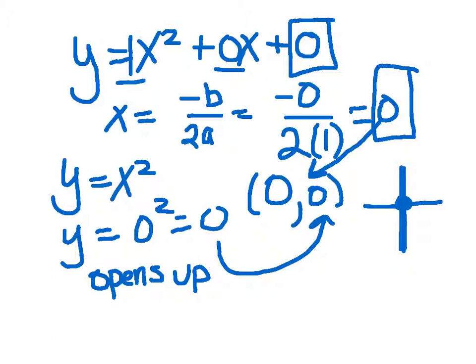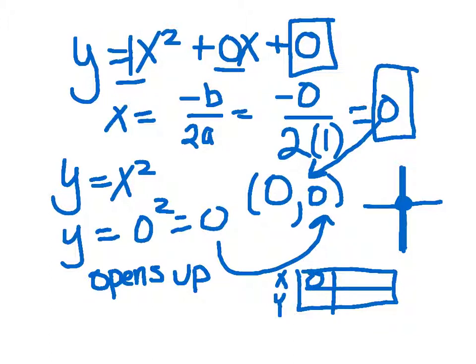If we wanted to graph this, we could put in a couple points in our xy chart, where you know if x is 0, then y is 0, because that's our vertex. If x is 1, then y is also 1. So here's a point here.